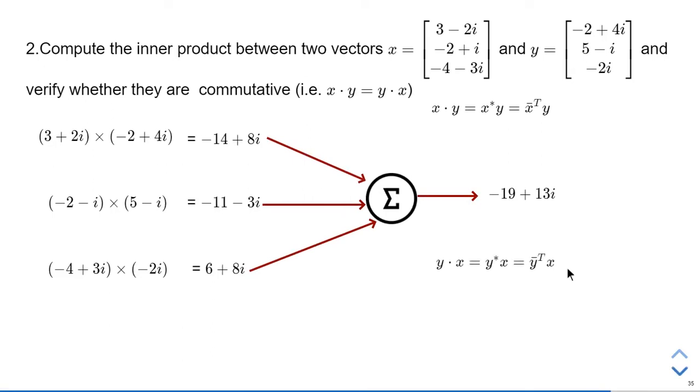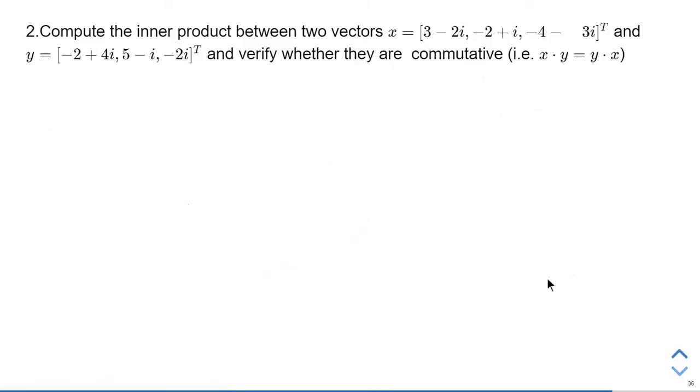By definition, y dot x, the inner product between y and x, is y conjugate transpose, which is y Hermitian, multiplied by x. Let us do that. Now in this case, again you have to take the vector from y, conjugate it, and then multiply it with the elements from x. The first element from y is minus 2 plus 4i, right?